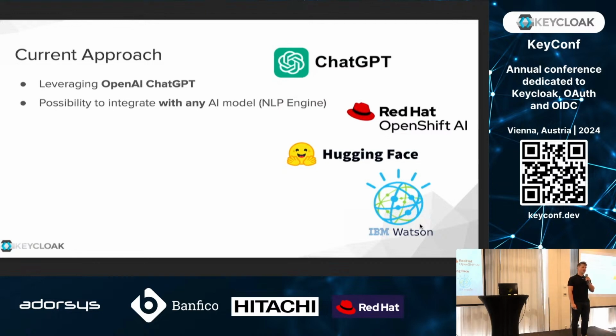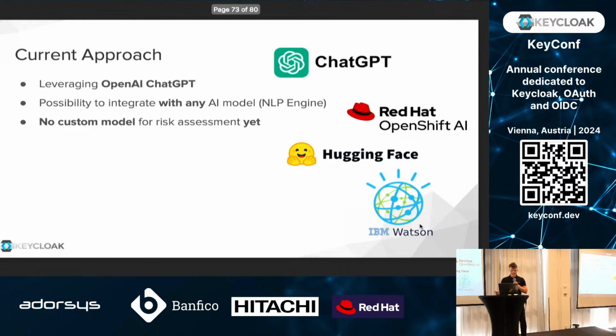There's also an SPI for it, so you can do it on your own as well. I don't know if I have the copyrights to include these logos there, but whatever.